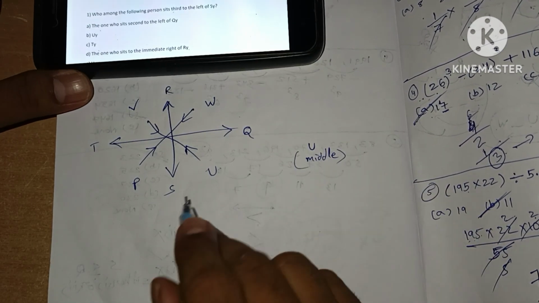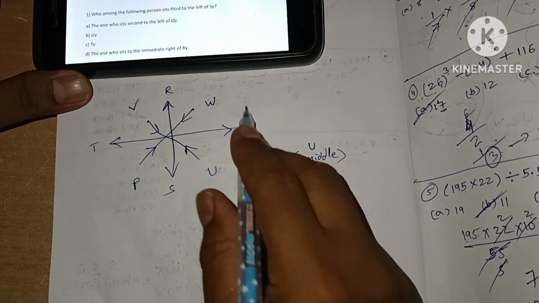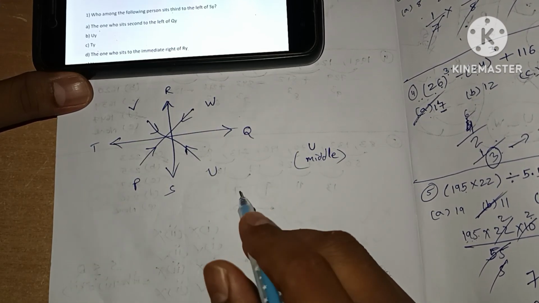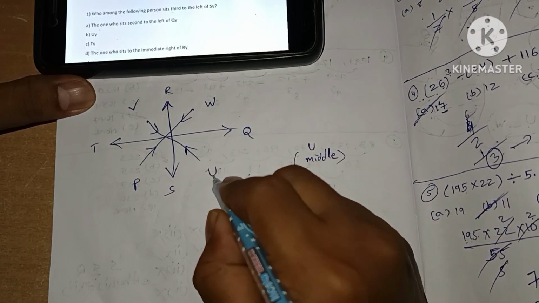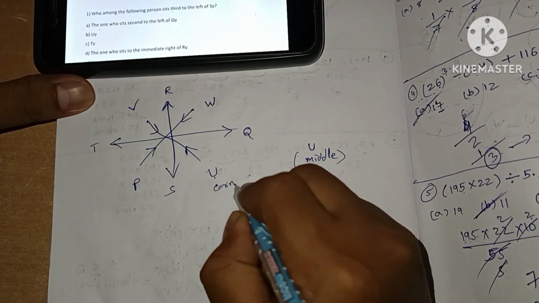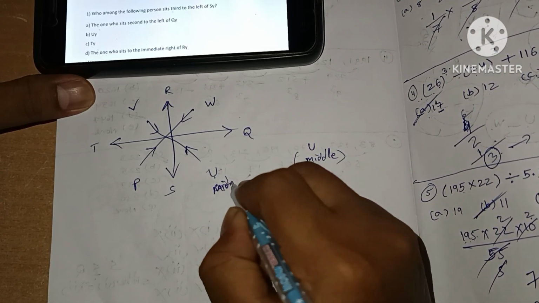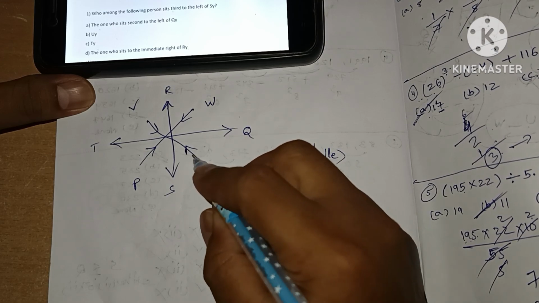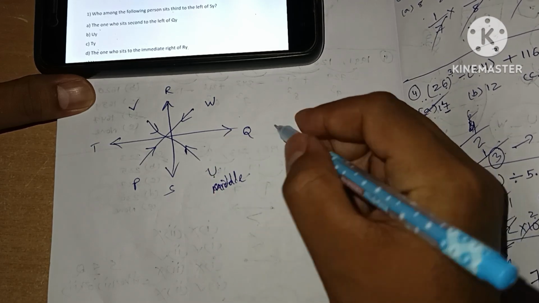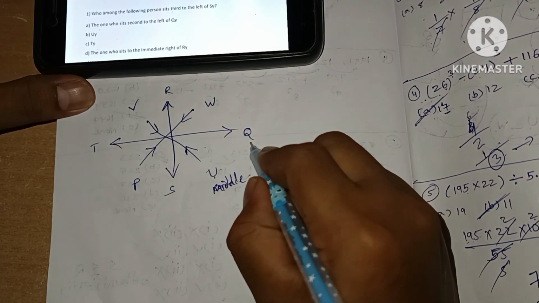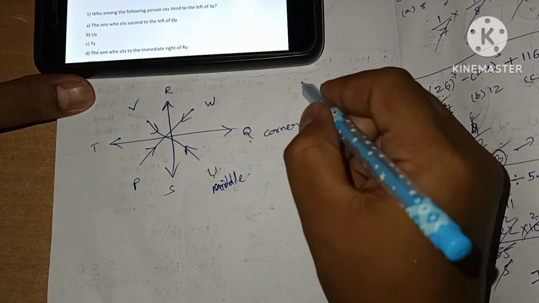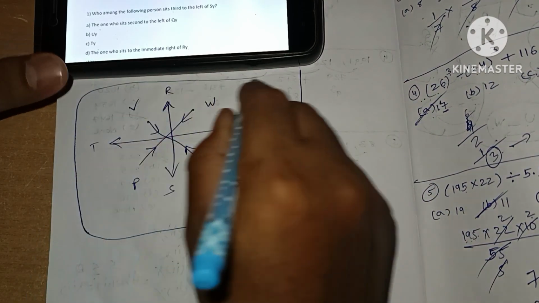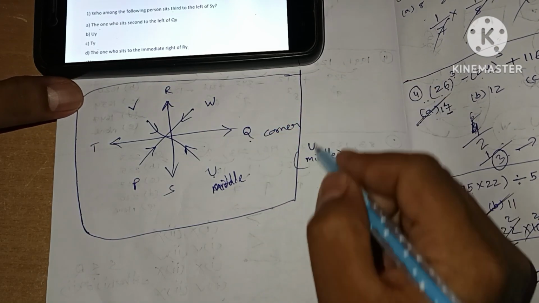So instead of changing the whole sequence to start with U in the middle, we assume this U as middle, with the positions reversed, and assume these middles as corners. We don't need to write or draw another sequence.